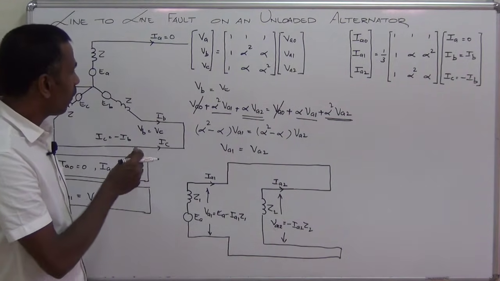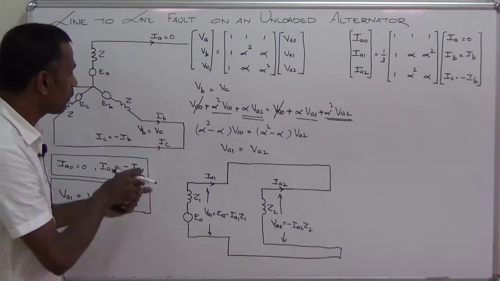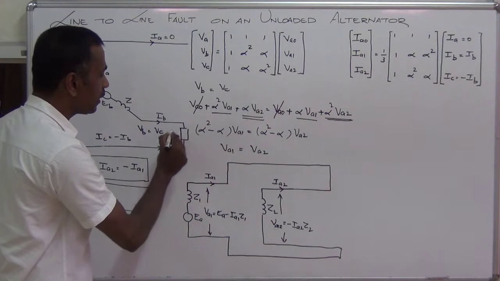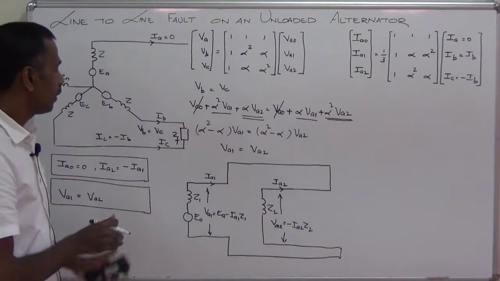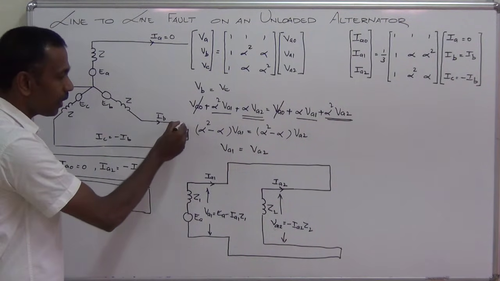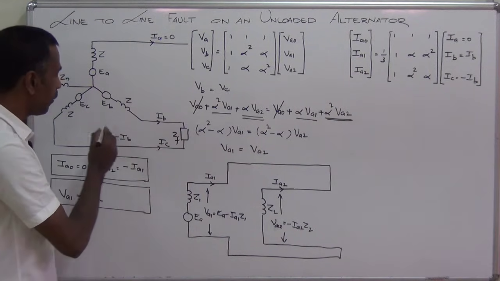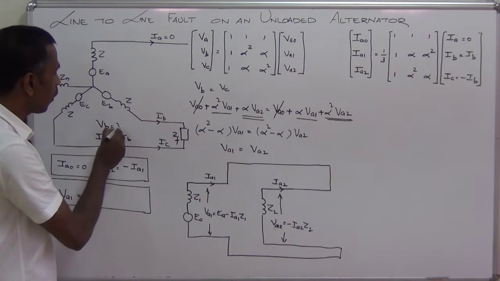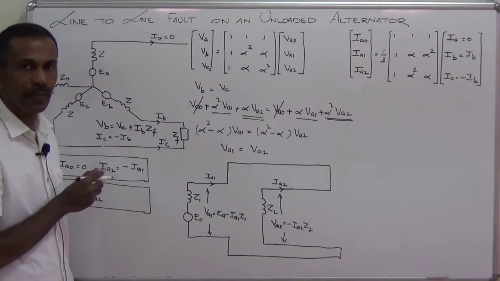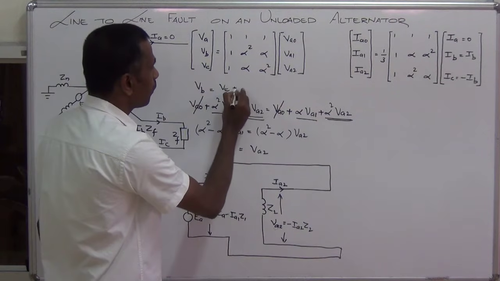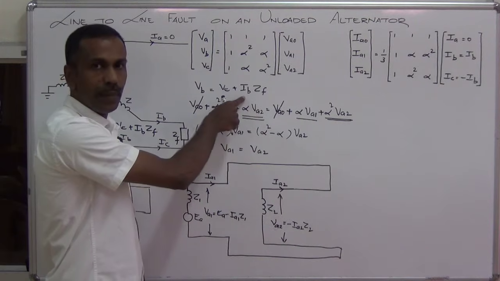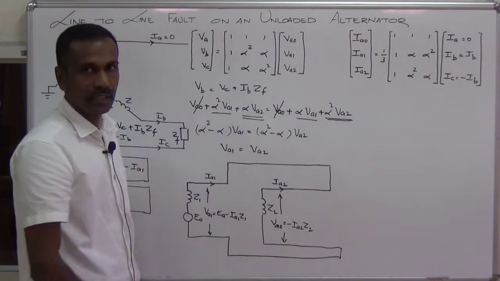Now let us add one more step to this particular fault. Suppose the fault occurs through a fault impedance ZF. Now this VB and VC are not equal. VB equals VC plus the drop across this impedance. So VB equals VC plus the drop is IB into ZF. We can find out IB from a similar expression.